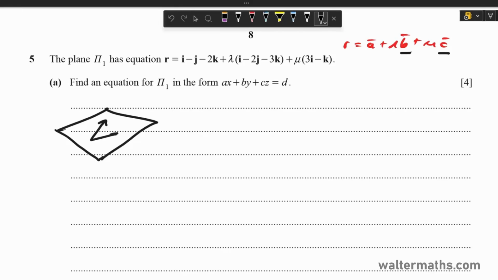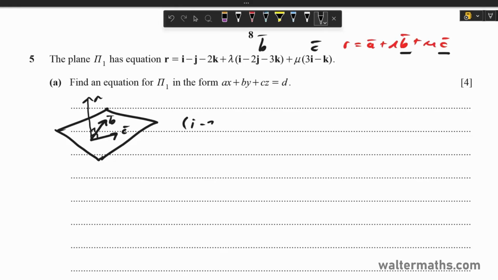One of them is b and one of them is c. And we are saying that we want the normal to the plane. That's n, and it's perpendicular to the plane, which we find by a vector product. So I'm going to take the two vectors and do vector product with them.